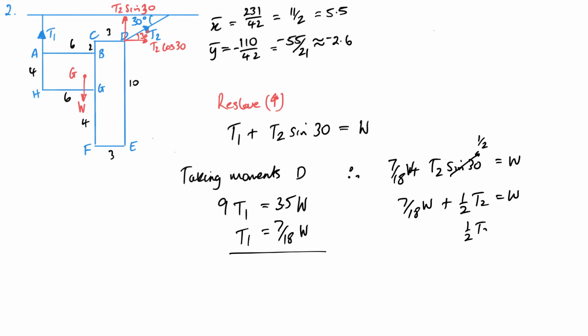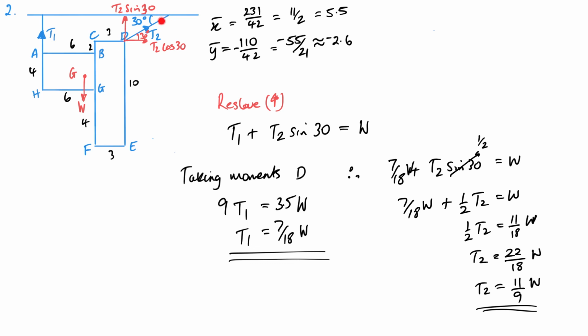So half T2 equals, if I take away 7 over 18, 11 over 18 W. And then multiply by 2, so we get 22 over 18 W, or 11 over 9 W there. Hopefully that wasn't too difficult to follow. I think it was quite straightforward, but taking moments about D just to get rid of that more awkward one was the smarter decision to do here.